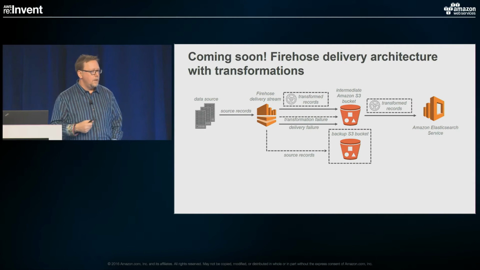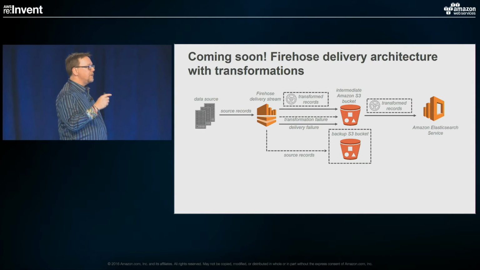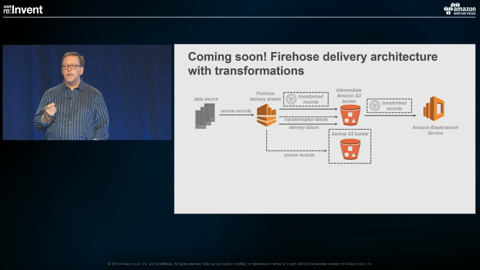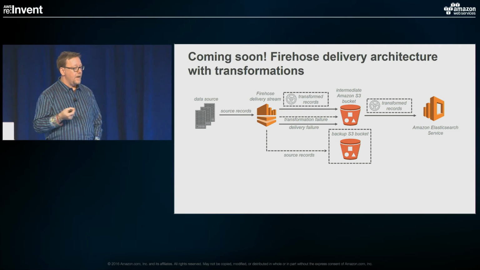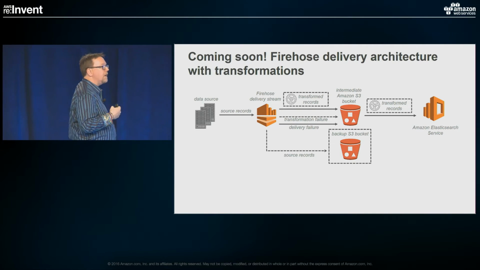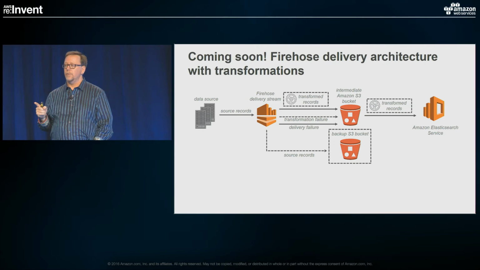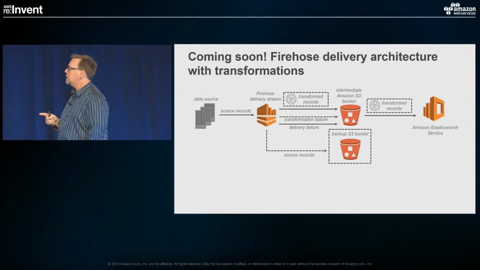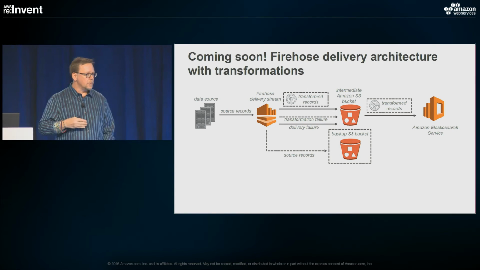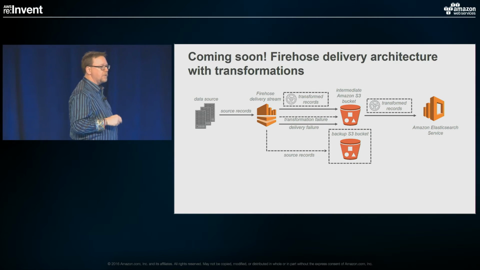And as of now, Firehose sends data straight through. But I'm really happy to announce today that coming real soon, Firehose will allow you to transform the records as they're going through the Firehose stream. So in this case, you'd send in your source records. They go to the delivery stream.